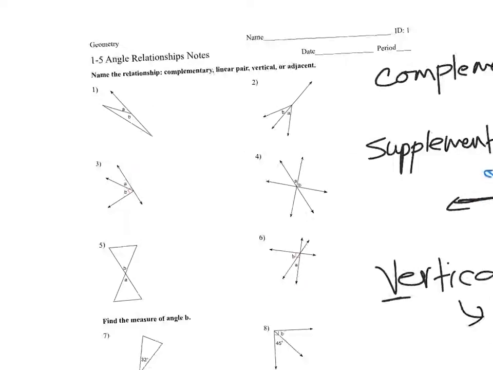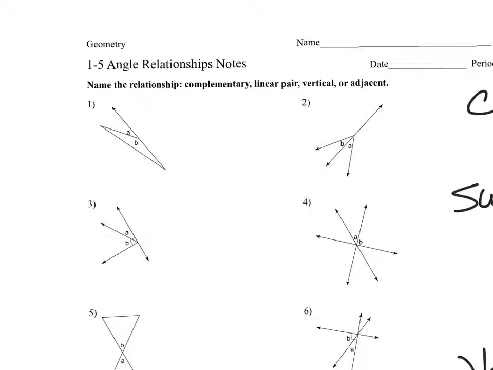All right, this first part is just naming the relationship. In this first one, we have A and B. They're right beside each other, so that means they are adjacent. But they're also beside each other and make this straight line.